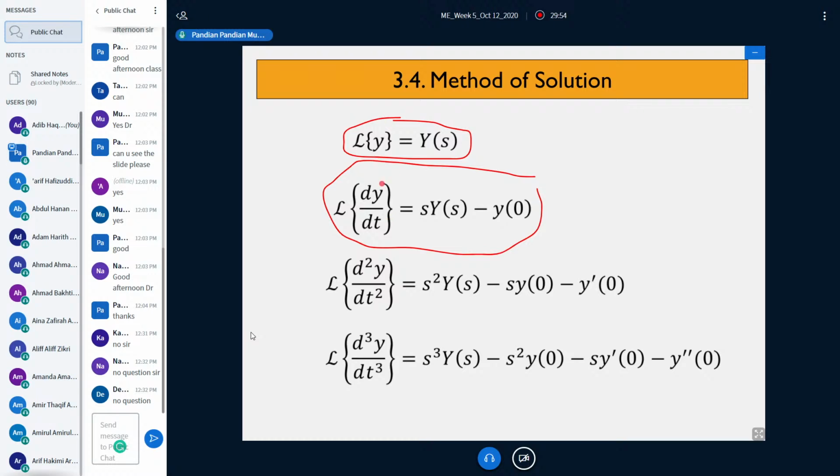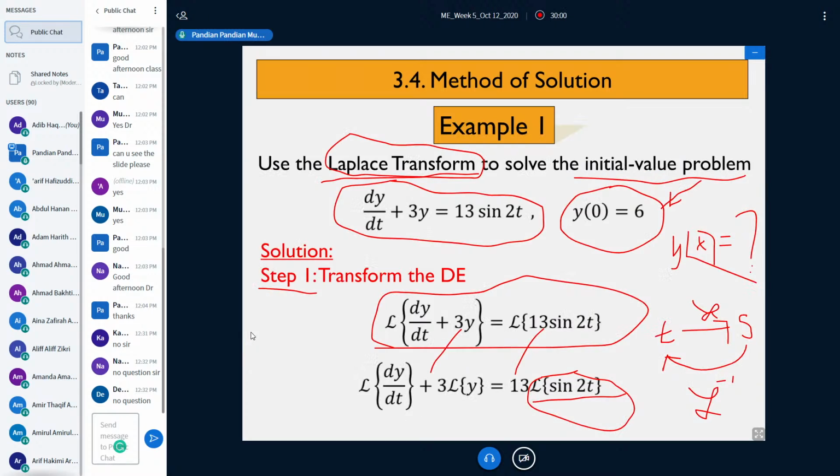We need only these two to plug into Laplace of dy/dt plus 3 Laplace of y equals 13 Laplace of sine 2t. Laplace of sine 2t, the answer is 2 over s squared plus 2 squared, that means 2 over s squared plus 4.